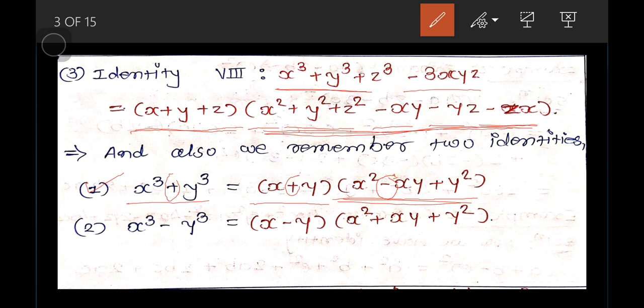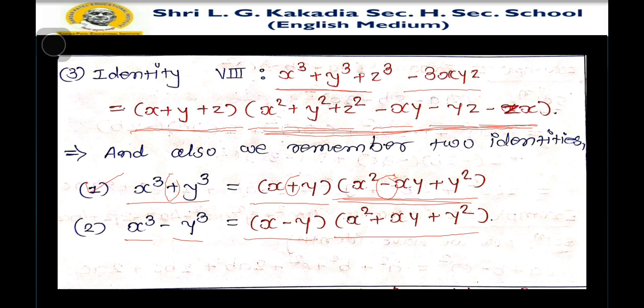Now the second one, x cube minus y cube, we factorize this expression as (x minus y) into (x square plus xy plus y square).